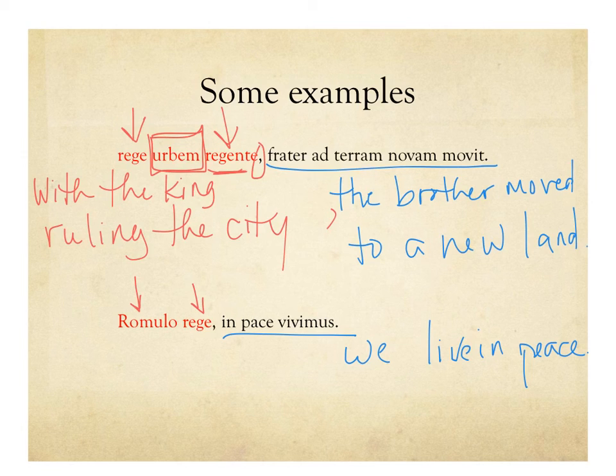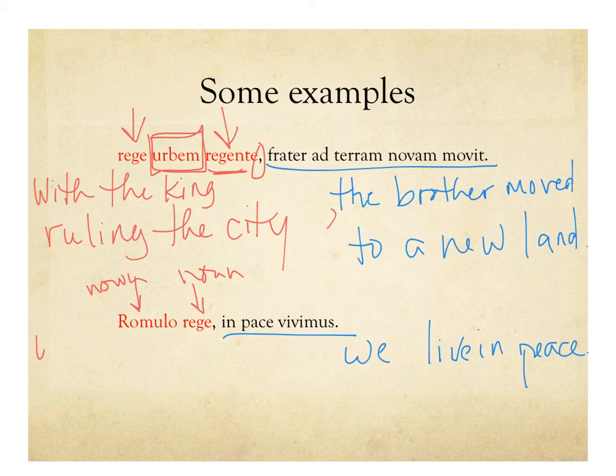Here we have two nouns and no participle, which is not the most common kind of ablative absolute, but it is one that we sometimes see. This is because we have no present active participle for the verb to be. And so if we want to say one thing is another thing, we have to assume the verb to be, as we do in other sentences too, and we have our two nouns.